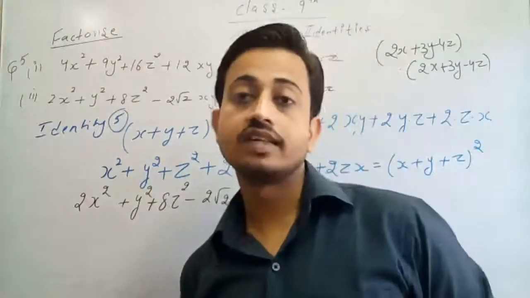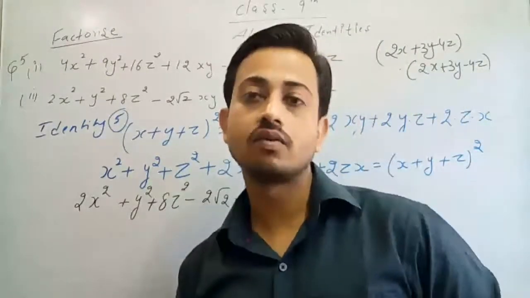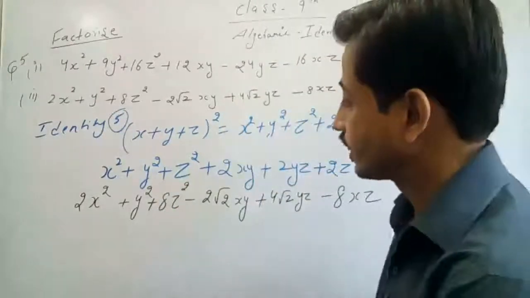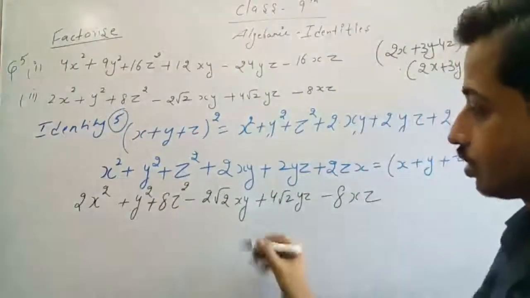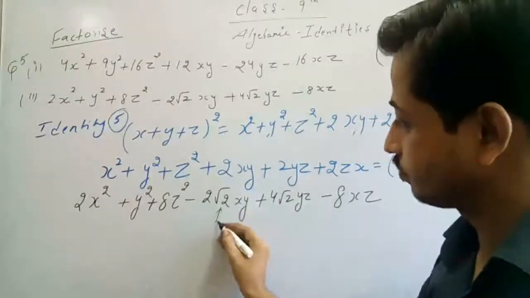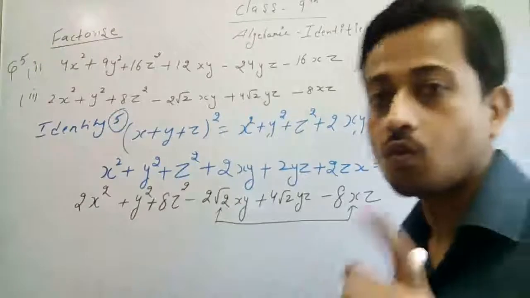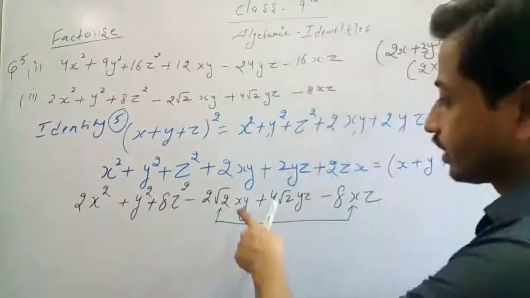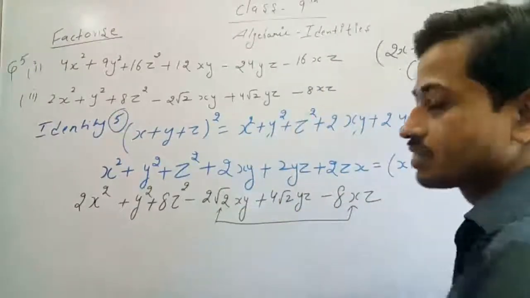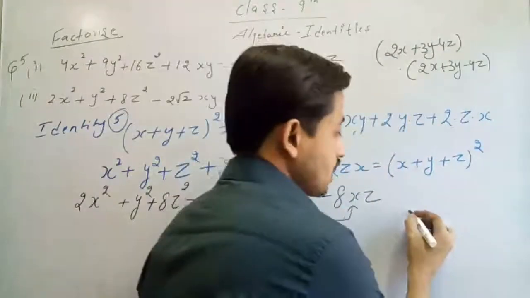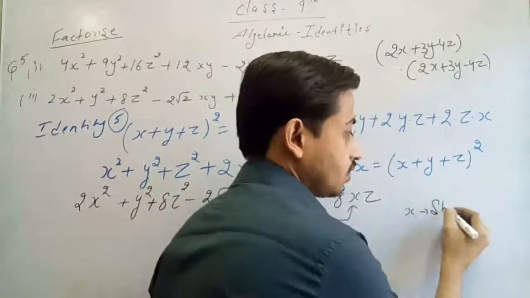Again some signs are negative, so what do you have to do? Check the common terms. Which terms have negative signs? These two terms have negative signs. The common factor between them is xy and xz. Now the common factor is x. So x should be negative.